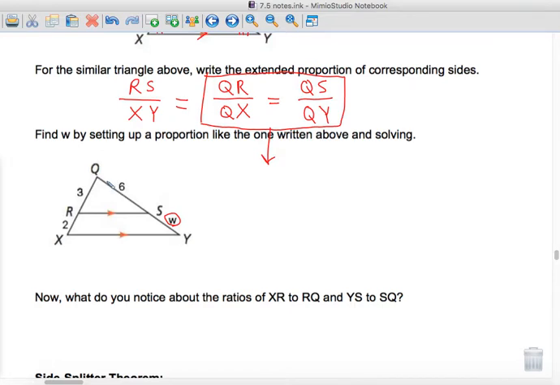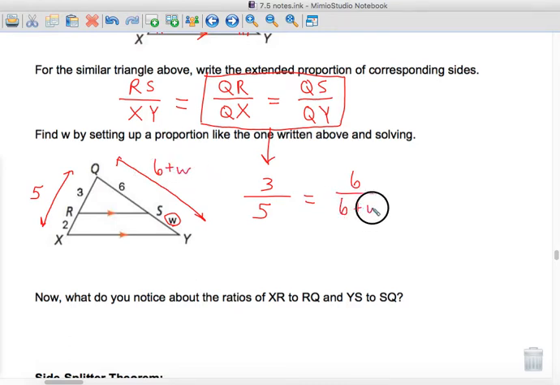If I just substitute in, QR is 3, QX isn't 2, QX is this whole thing, which is 5, equals, here QS is 6, and the whole QY is not W, it's 6 plus W. The whole thing. The whole side is this part plus that part, 6 plus W.